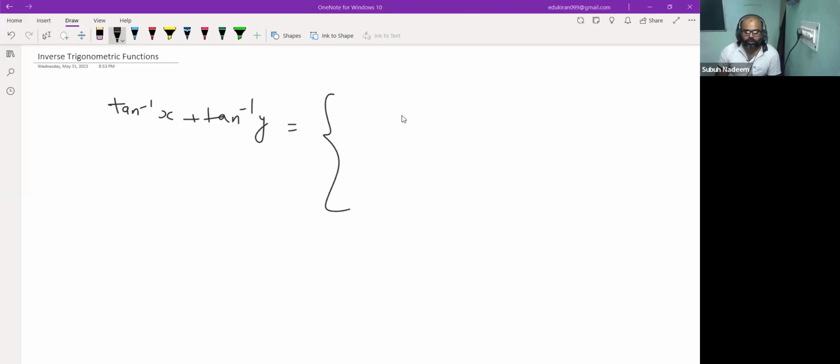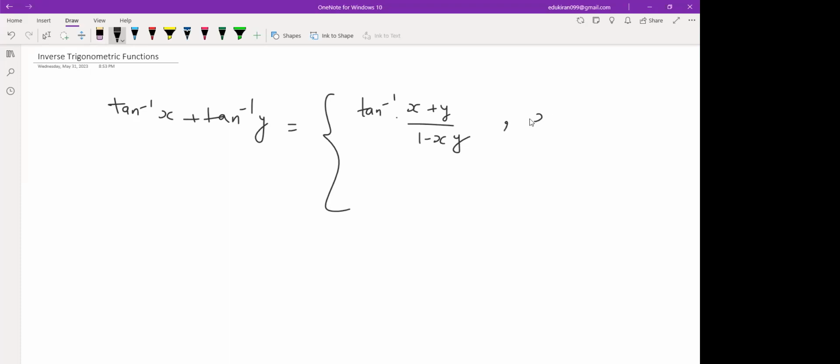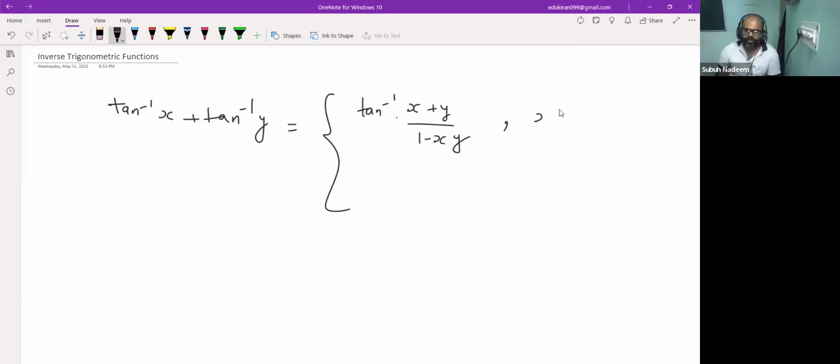So tan inverse x plus tan inverse of y is tan inverse of (x plus y) by (1 minus xy). But it is not so always. Yeah, this is the first identity. I just started.